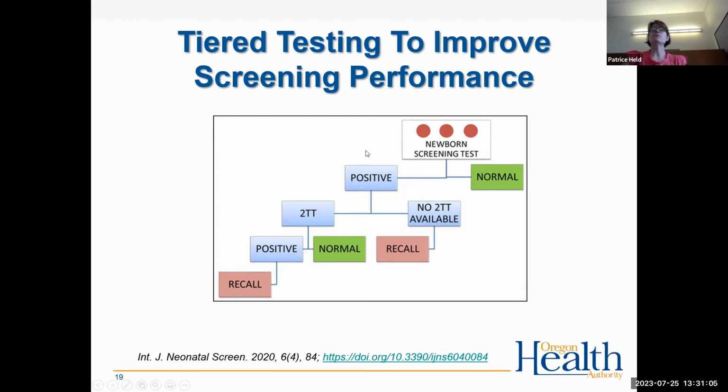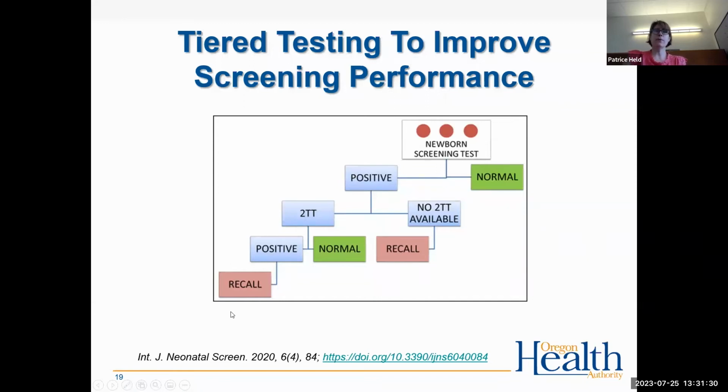Then within the screen positive population, we would perform a second tier test to again whittle down that population into a smaller group of people who are most likely to be at risk for the disease. It's in that population that we would then refer to medical care.